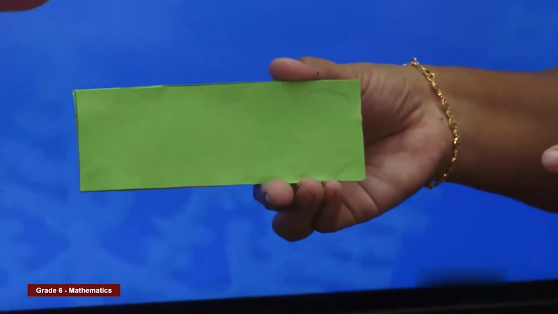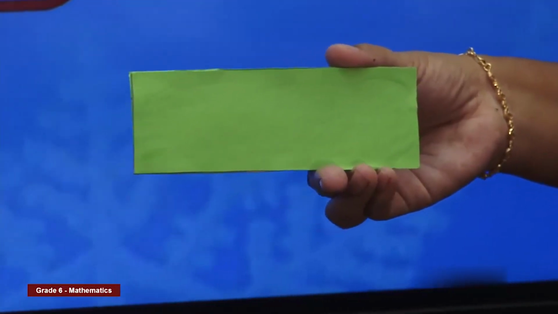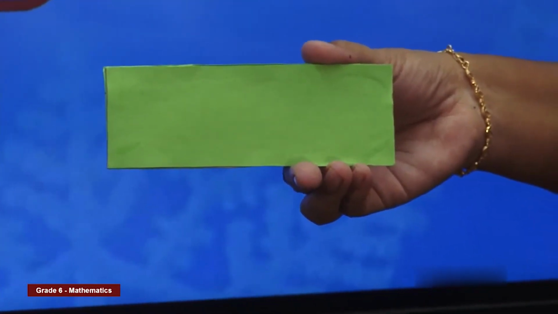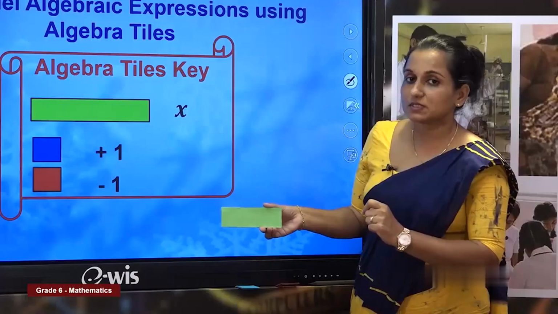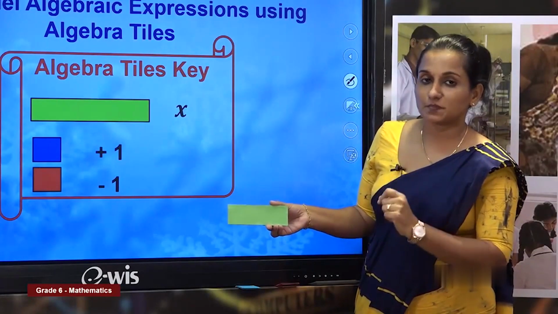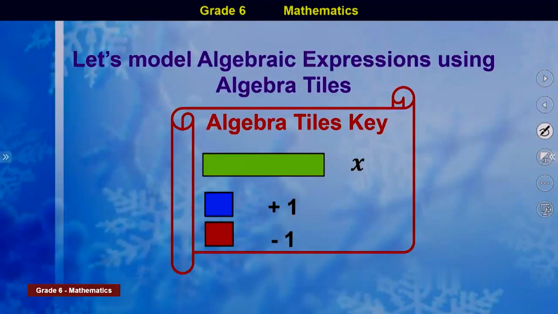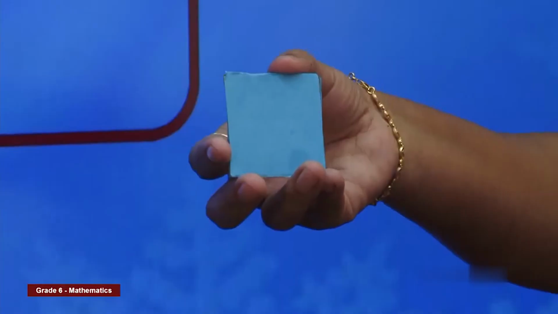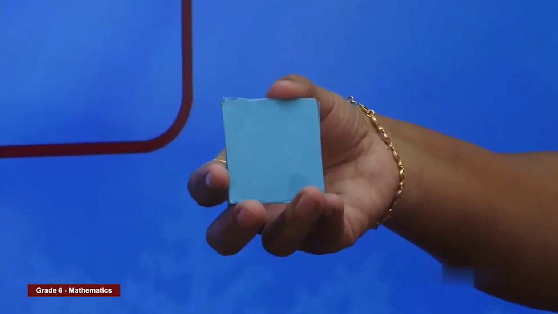This green rectangle represents a variable or an unknown term. In other words, this represents an algebraic symbol.